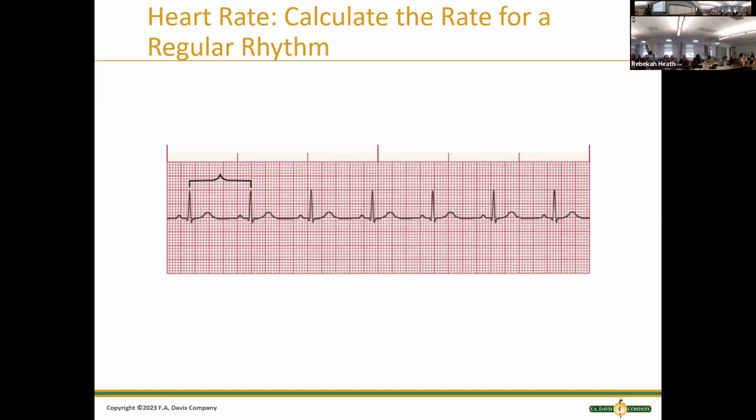How many QRS complexes are in the ventricular tachycardia rhythm? Yeah, I hear 18. So if we're multiplying that by 10, what is our heart rate? 180. Is that patient going to be feeling very good?